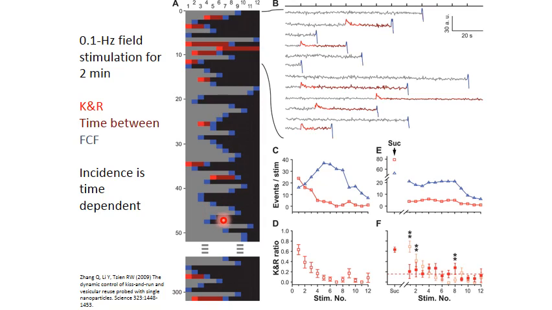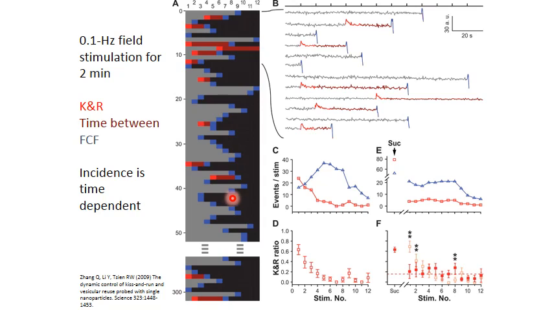Under normal conditions, at this slow rate of stimulation, they see many kiss and run events to the first stimulus, and that number of events falls off by about the fourth or fifth stimulus to a fairly steady state, a very low number.